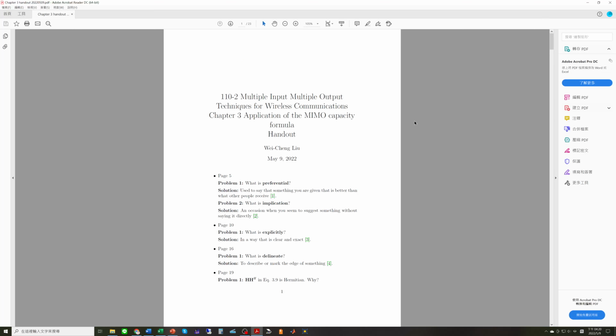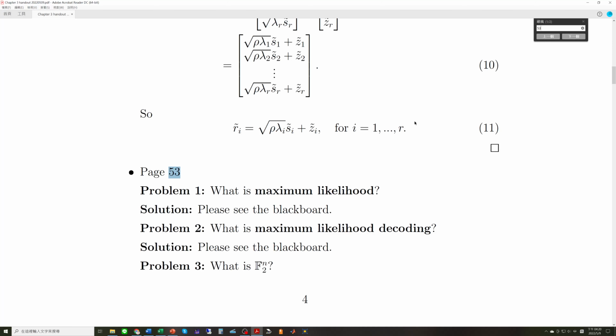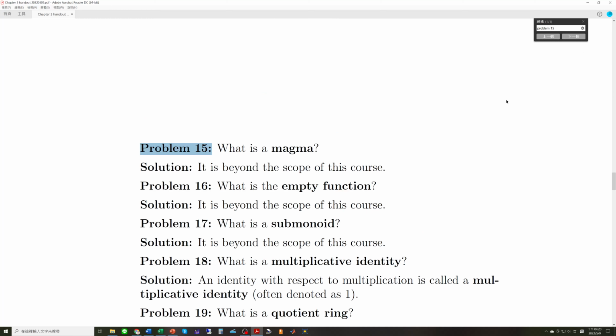Please open the handout of Chapter 3 and turn to page 53. Please turn to problem 15.